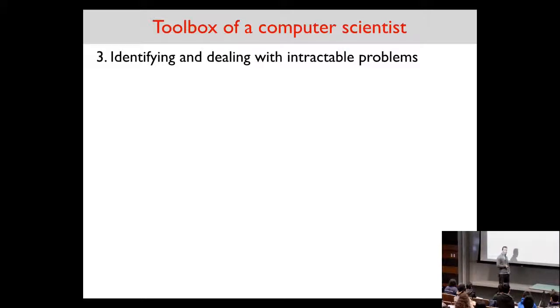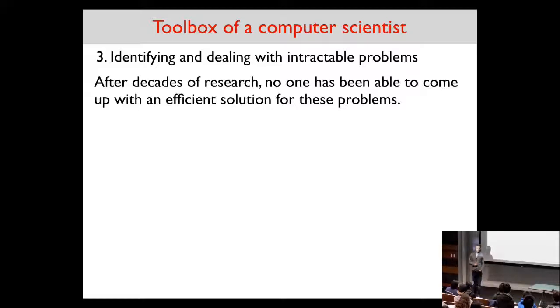Okay, but here's the fact. These problems have come up in various different settings, and people have been trying for decades to find an efficient solution, and no one has been able to succeed in this.